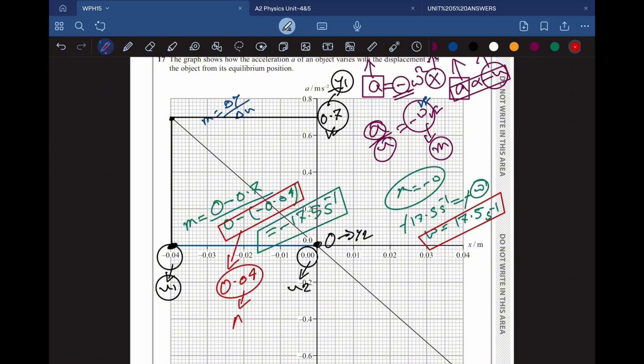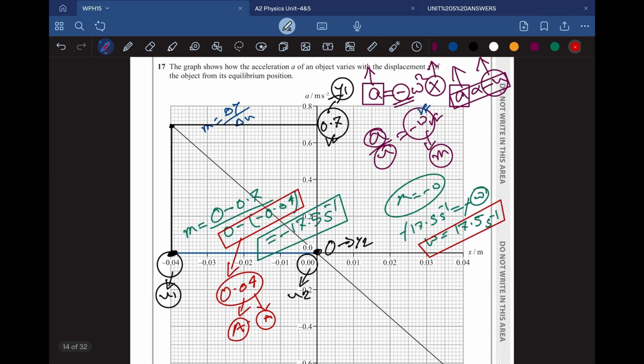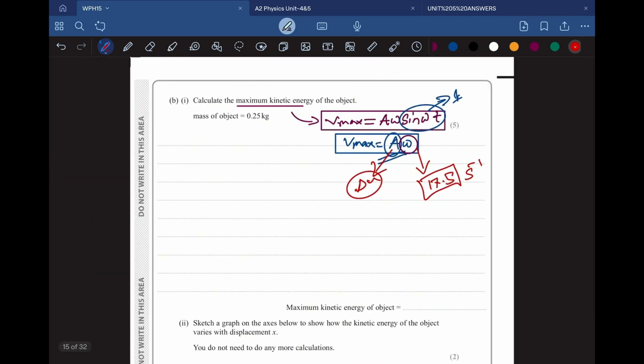So this is my amplitude, or the del x as well. We know the change in displacement is actually the amplitude in vertical simple harmonic motion. So my del x is 0.04. Now we'll just have to figure out the Vmax.